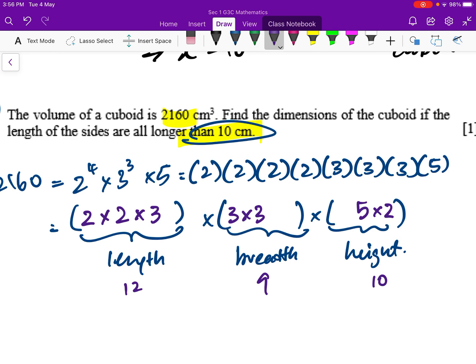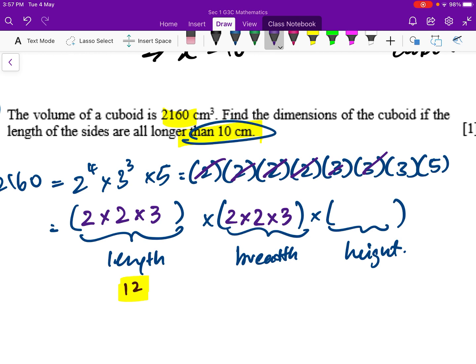We have to keep on trying different combinations. And we also now have a clue that we want every single length, breadth, and height to be slightly more than 10, so they will fit. And now this 12 that we found is quite close to 10. So maybe we can use another 2 times 2, since there were 4 2s, and we multiply by another 3. So now we have used up 1, 2, 3, 4 of them.